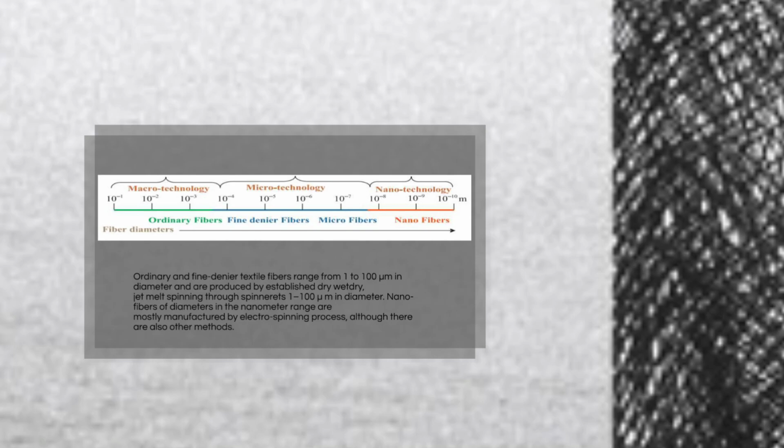Nanofibers of diameters in the nanometer range are mostly manufactured by the electrospinning process, although there are also other methods.